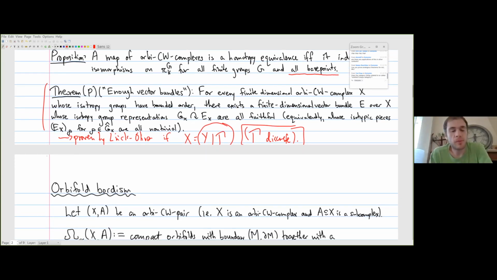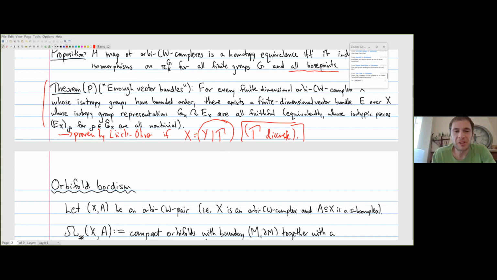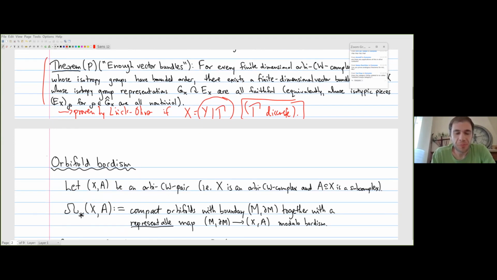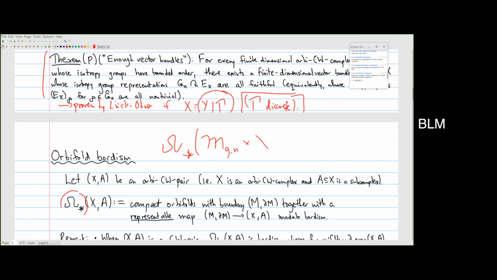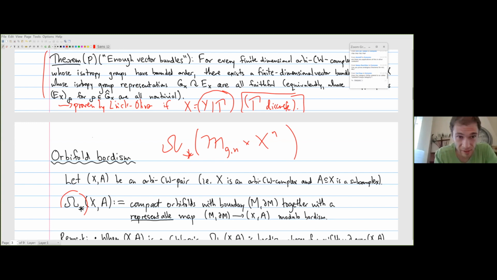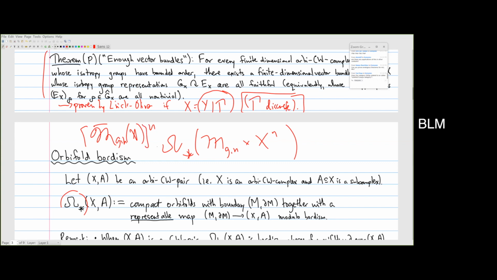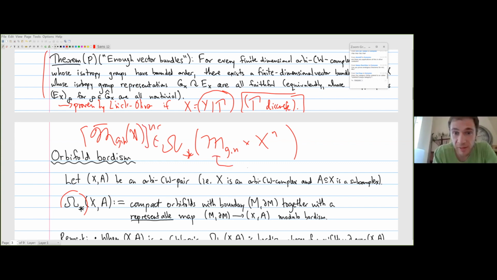Maybe this is only tangentially related to what you're asking, but it's definitely the case that the most natural place for the virtual fundamental cycle to live is in bordism, as I've defined it, but bordism applied to this Artin stack M_{g,n} cross X. If you wanted to push forward this class, you can push it forward under the stabilization map to Deligne-Mumford, but maybe you don't want to.